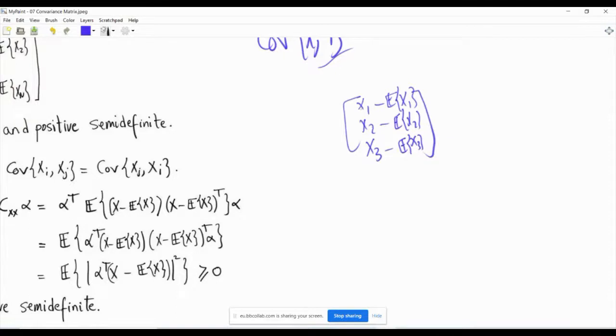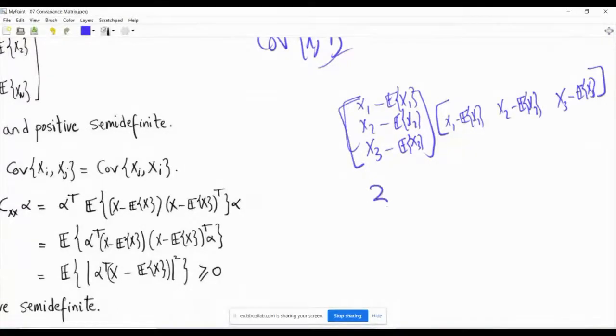So take each one of the random variables and subtract its mean. Now take this vector, which is a column vector, and multiply it by the row version, which is this vector here. So this is x1 minus expected x1, x2 minus expected x2, x3 minus expected x3.